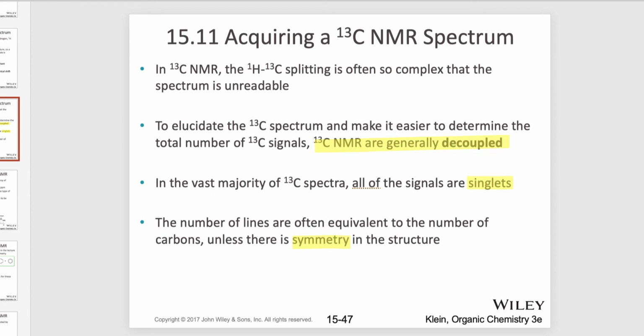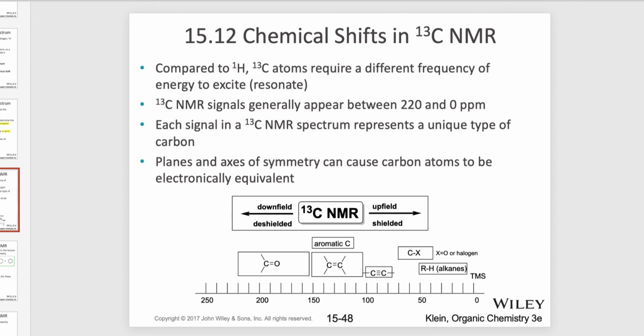On the next slide, here I have some specialty software where I've summarized again the chemical shift. You also have additional graphics in the textbook. I'll show you one in a couple of slides. So we use a different frequency.